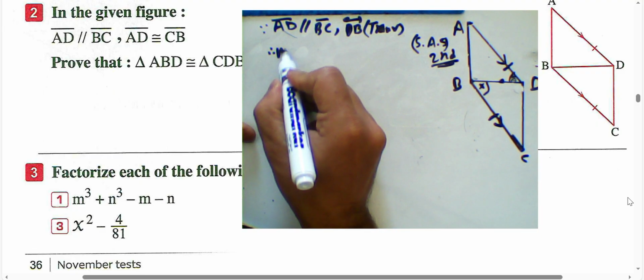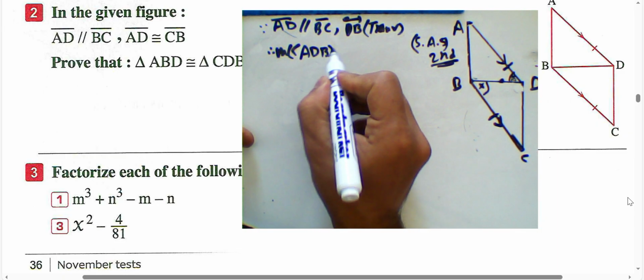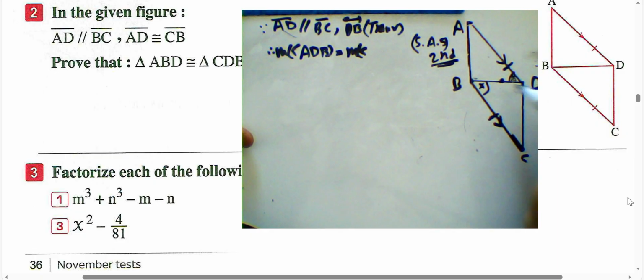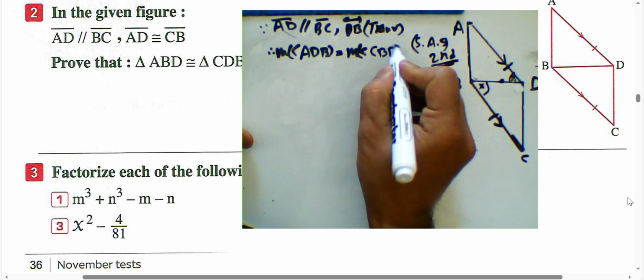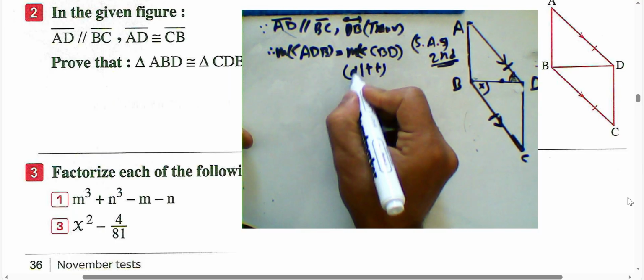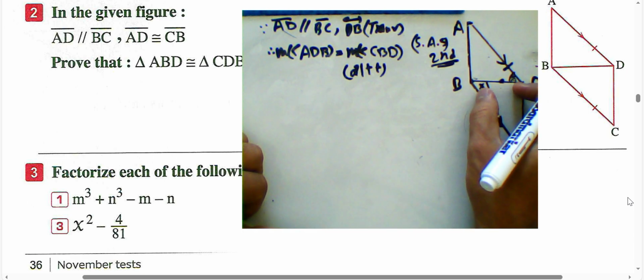Then the measure of angle ADB is equal to the measure of angle CBD, alternate angles. We call it alternate angles. This angle equals this angle, alternate angles.